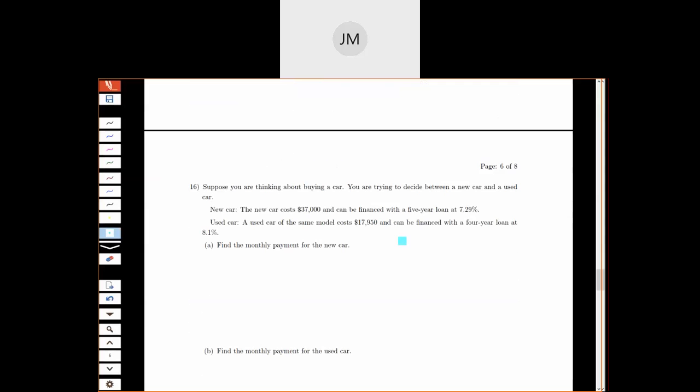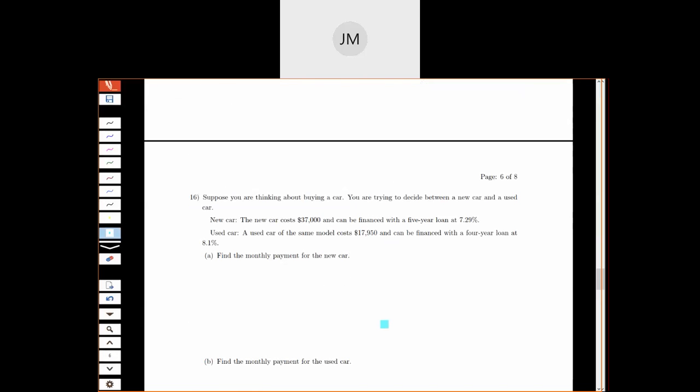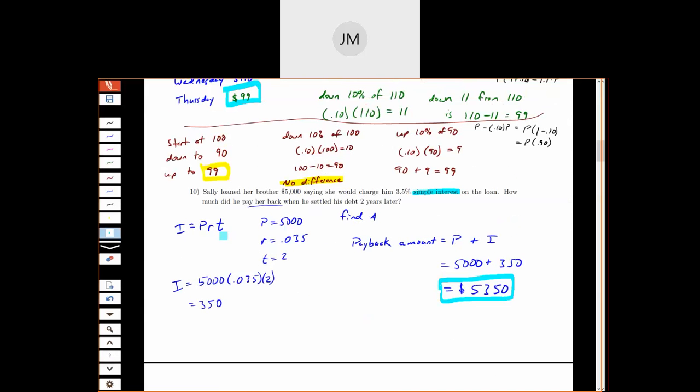We're going to use either the compound interest formula, savings formula, or loan formula, and those are the ones that are built into the finance app on the calculator. When it says simple interest, you just use the formula.